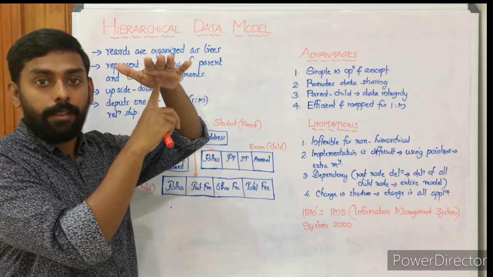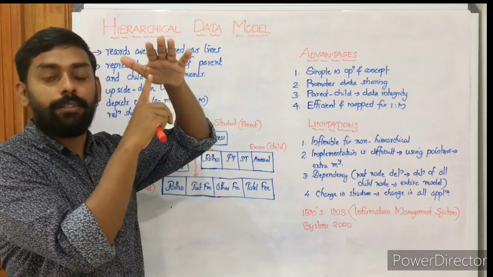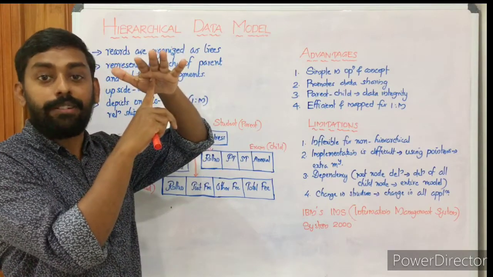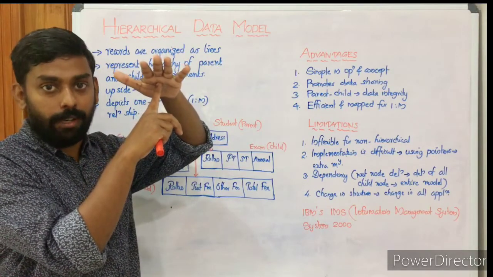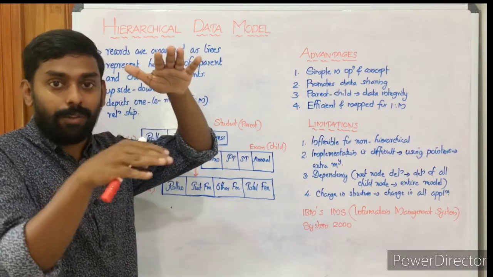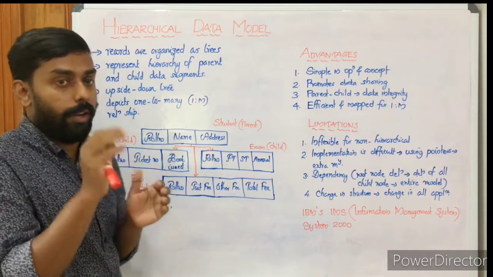That's called parent. On the top of the tree there is a node, an entity, that's called root of the tree or parent of the tree. And all others are children, or we can say root and sub nodes.